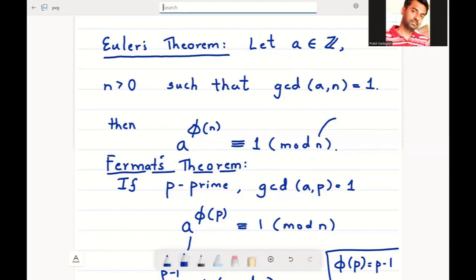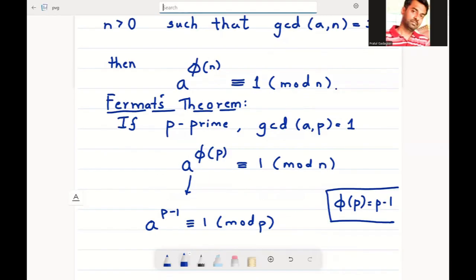But if you choose n particularly to be a prime number, then I should write a p here. If we choose n to be a prime number, then we know that phi of p has value p minus 1. So phi of p will be replaced by simply p minus 1, and this modulo n will now become modulo p.